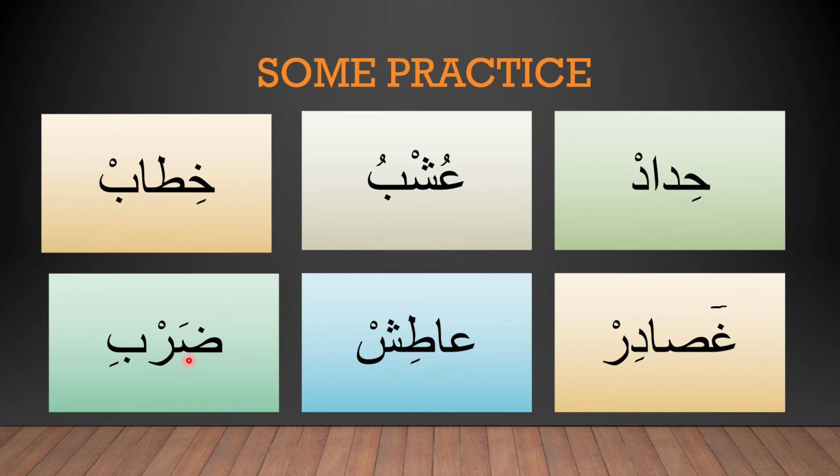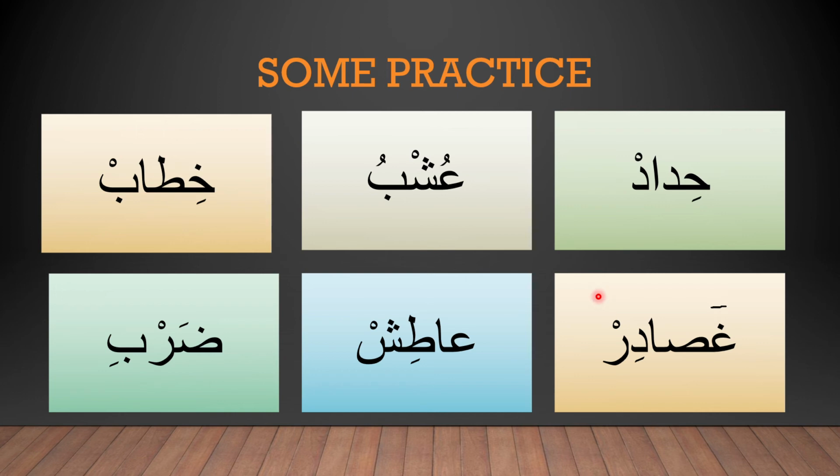Now the last one, dad fatha, syllable type 1, but then there is sukoon, so we know that's syllable type 3. Ra sukoon, dar. Ba kasra, bi. Dar, bi. This is syllable type 1, we know that.